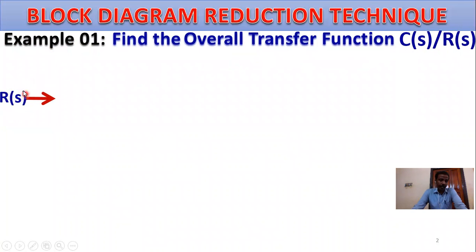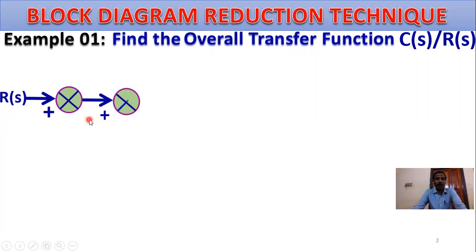R of S is the reference input, also called the cause or excitation, and this is the summing point or comparator. The direction is always forward and positive.